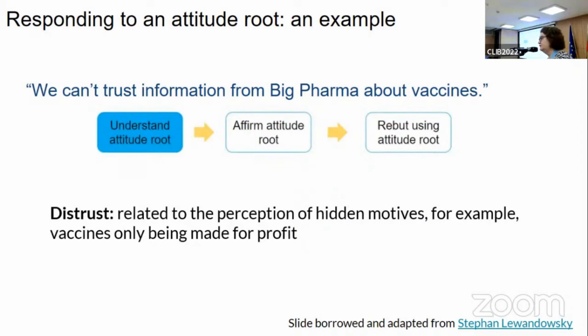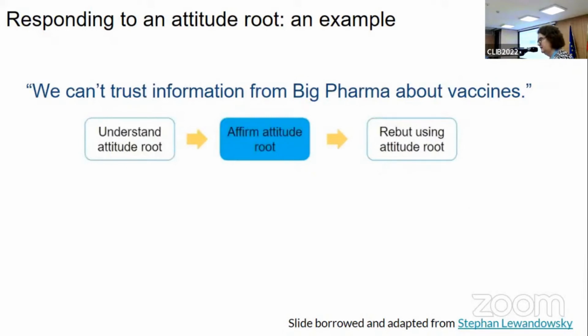And this is related to the perception of hidden motives, for example, that vaccines are only made for profit, which is quite a valid fear, right? People have this fear that the big pharma companies cannot be trusted on those grounds.